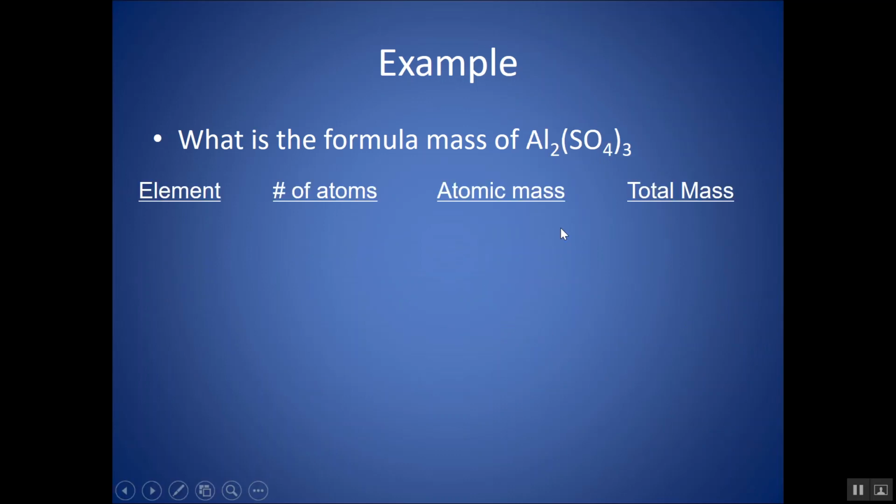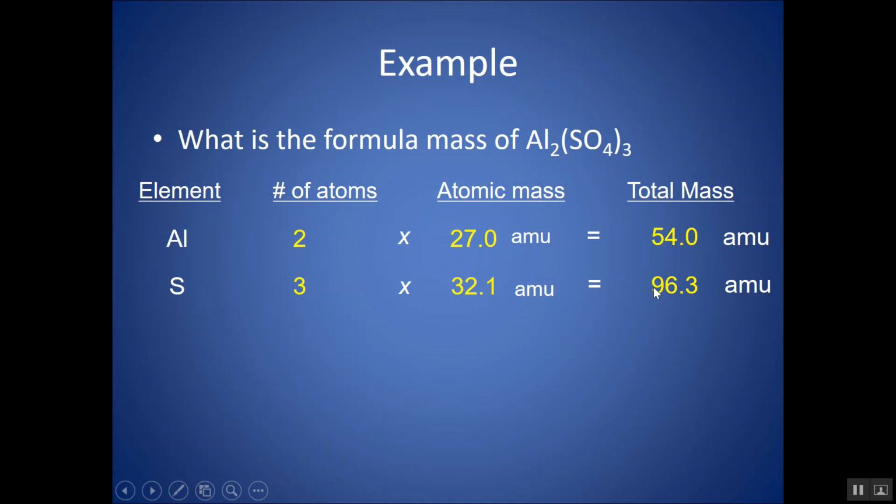Okay. So take a moment, try this example. So breaking this up, there's 2 aluminums. They each weigh about 27 atomic mass units, so that would be 54 atomic mass units of aluminum. Sulfur, there's 3 atoms, and because it's outside of parentheses, there's a 3, so that applies to the sulfur. If I look up the atomic mass, it's 32 or 32.1, so it's about 96.3 atomic mass units.